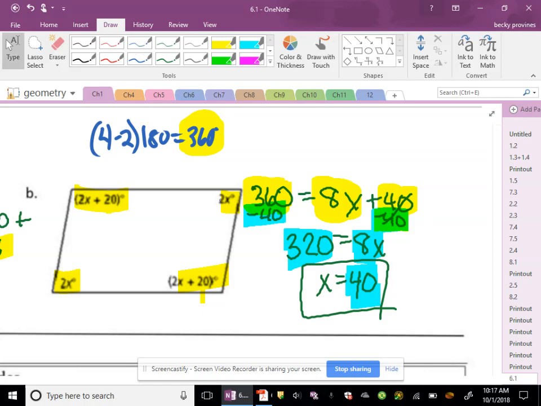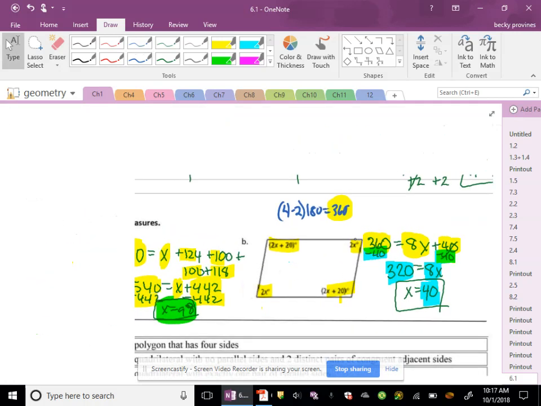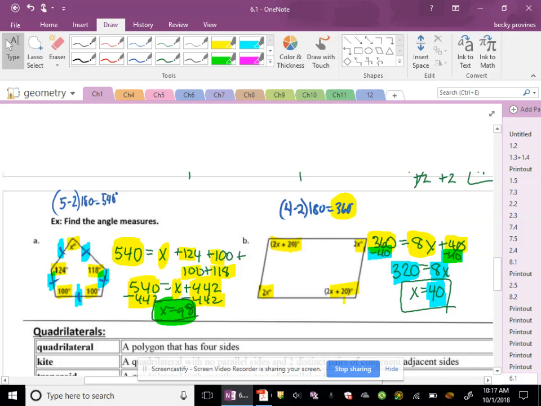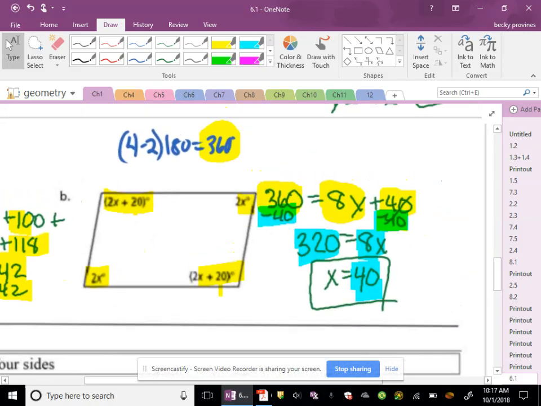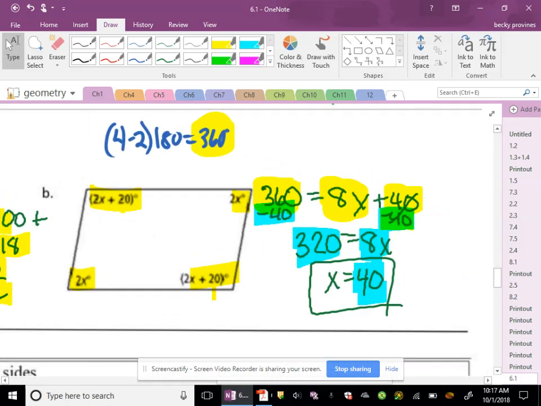Okay, so let me go back and read these directions. It says find the angle measures. Now, I got to tell you, I didn't finish this question when I did it in class because 40 is not the angle measure of every angle. What I need to do is plug it back in. So 2 times 40 plus 20. So 80 plus 20 is 100 degrees.